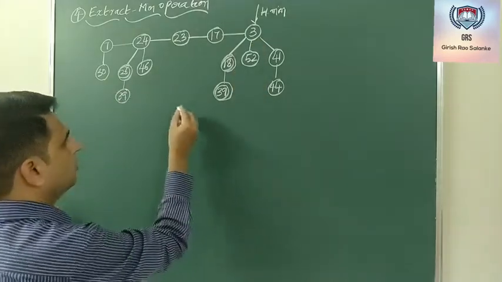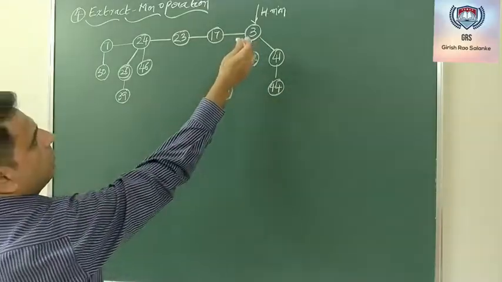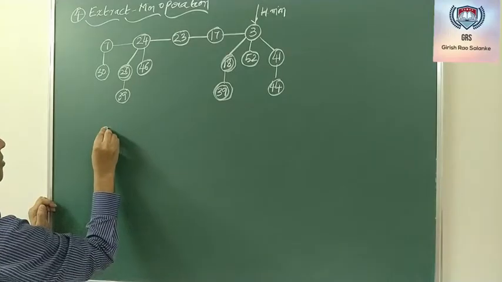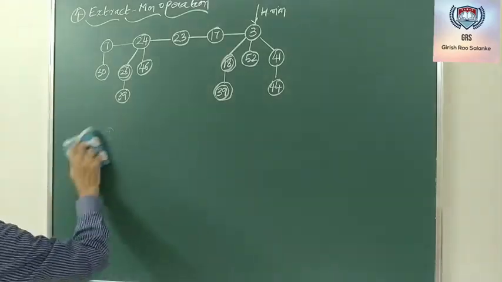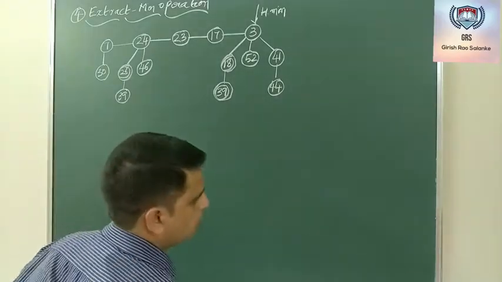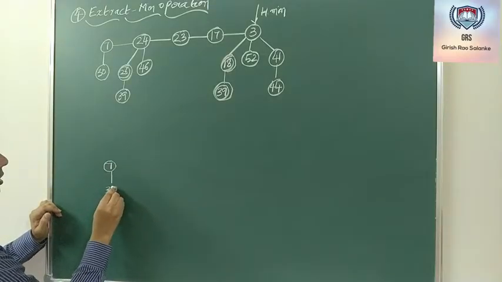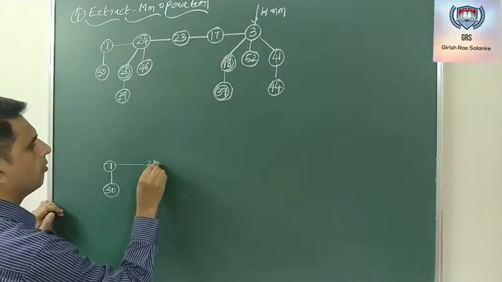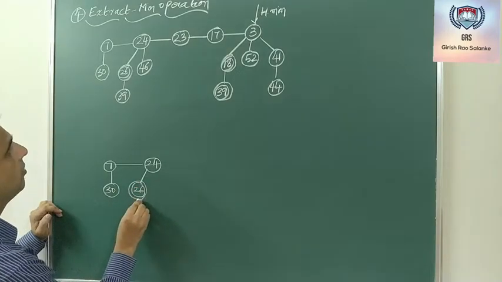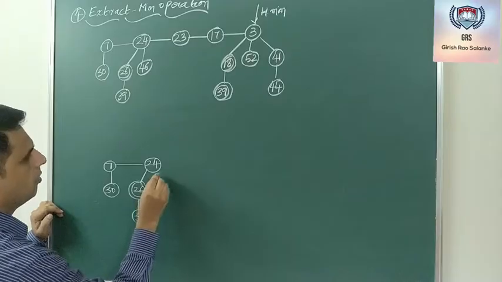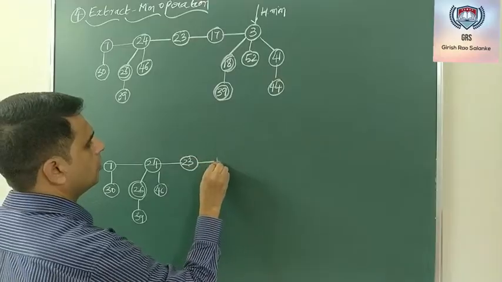Now how to modify? So what happens is, if I consider this heap, after deleting 3, seven, 30, 24, 26 is one mark node, 39, 46, 23, 70.